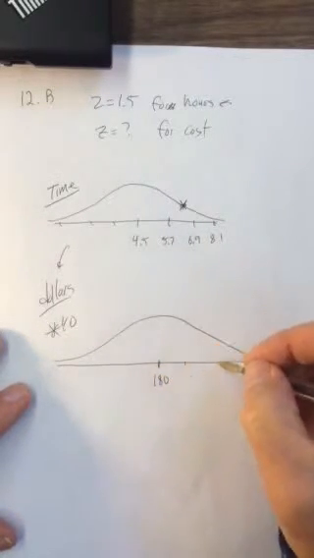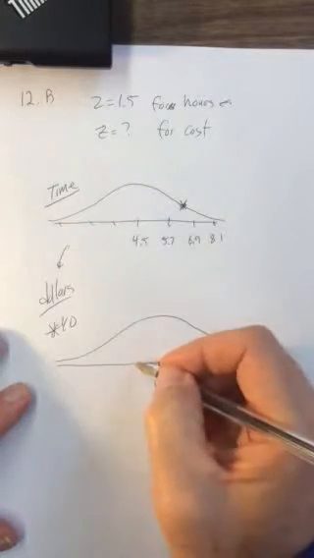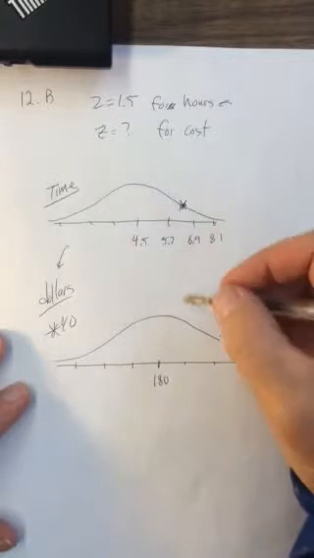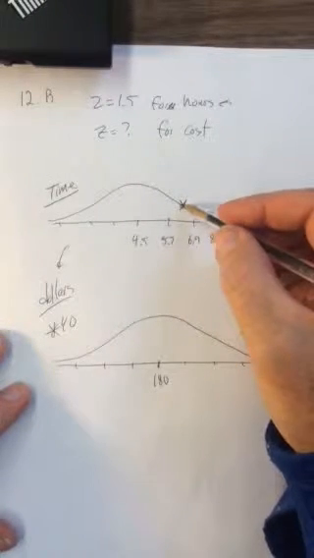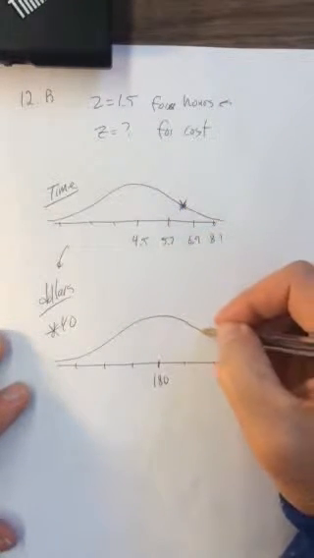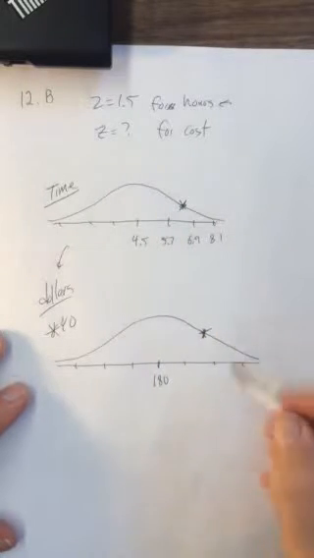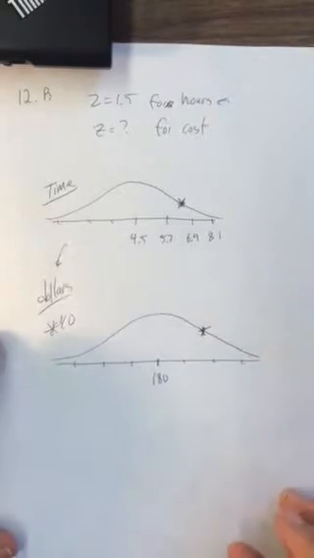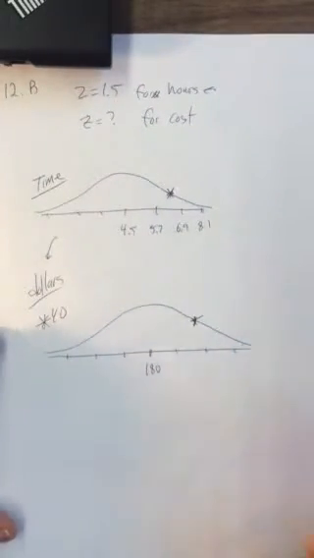Then we go 1, 2, 3 standard deviations out to the tail. And our spot that was here is still going to be in that same spot down here. It's still going to be 1.5 standard deviations, which means its z-score is still going to be 1.5.